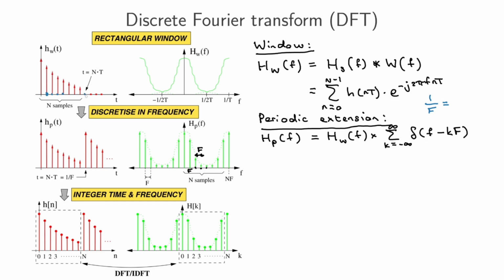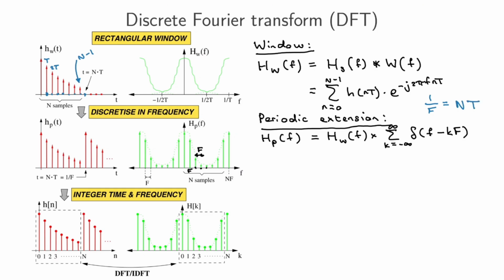So this is T, this is 2T, 3T, 4T, 5T, 6T, 7T, and so this is basically the Nth minus 1 sample. This is sample N minus 1. And we want that impulse to sit right after that. In time, that position will be NT.